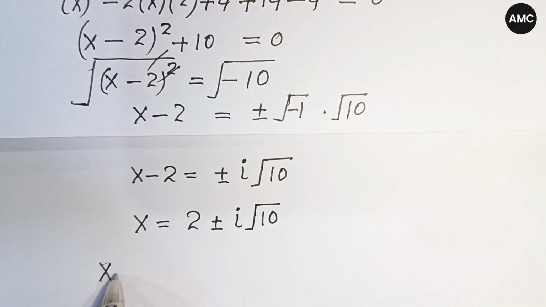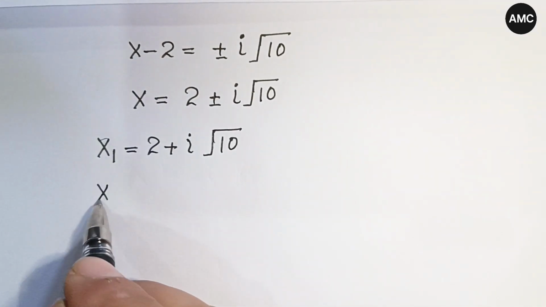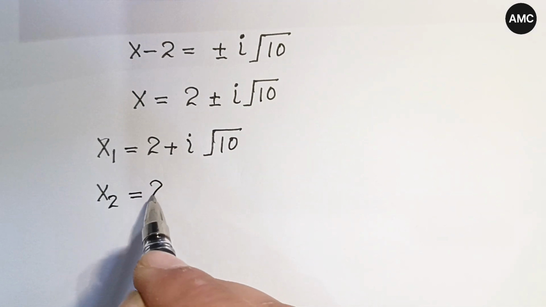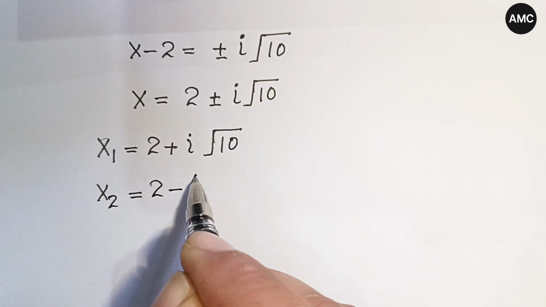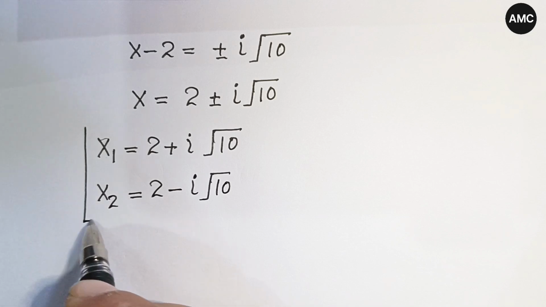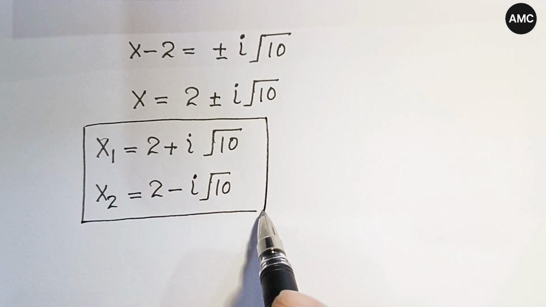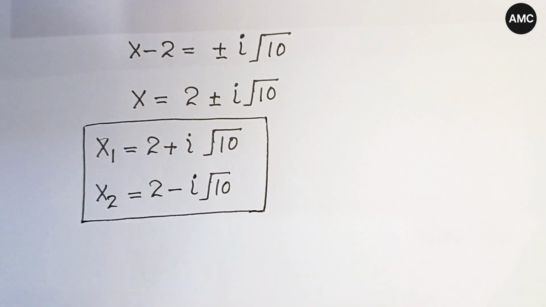So our first solution of x is x1 is equal to 2 plus i times square root of 10, and our second value is x2 is equal to 2 minus i times square root of 10. So here we have two values of x from our first equation, that is t is equal to minus 14.